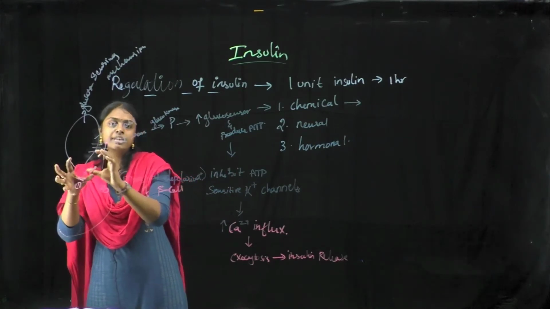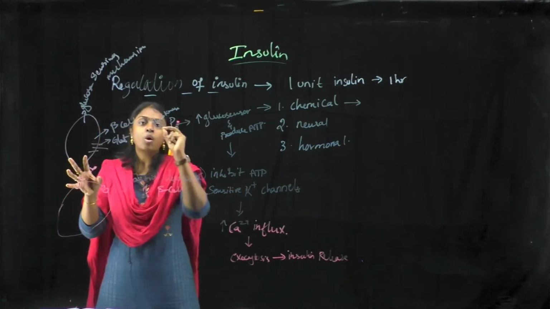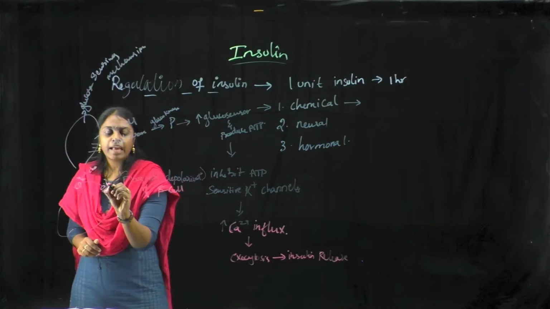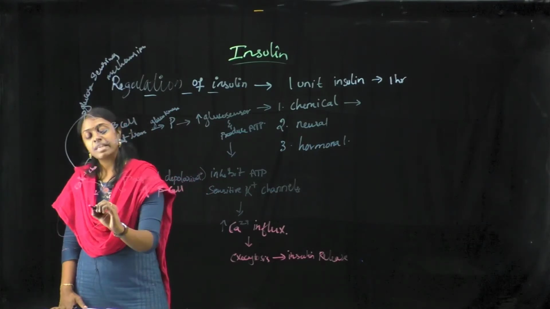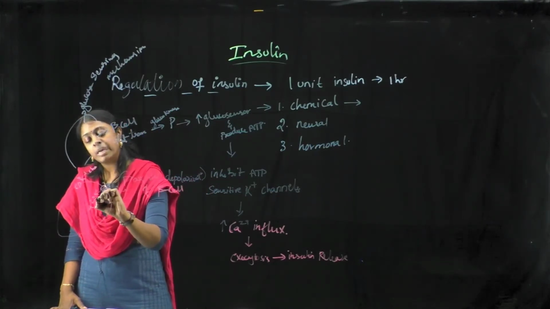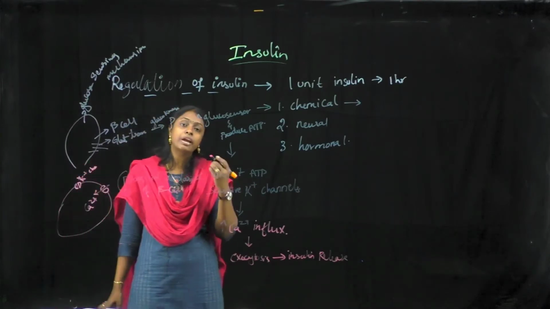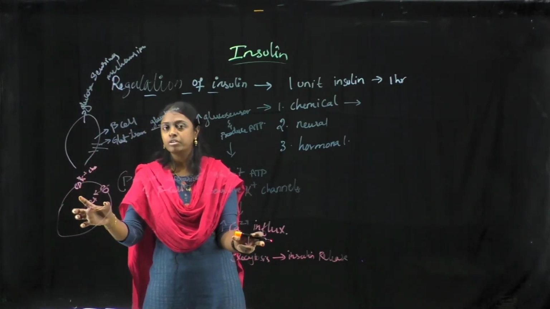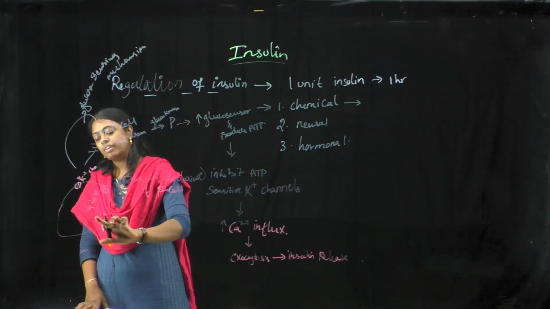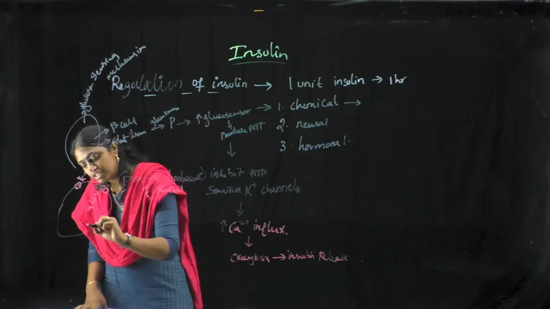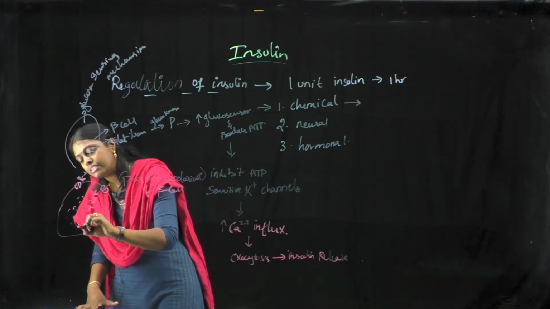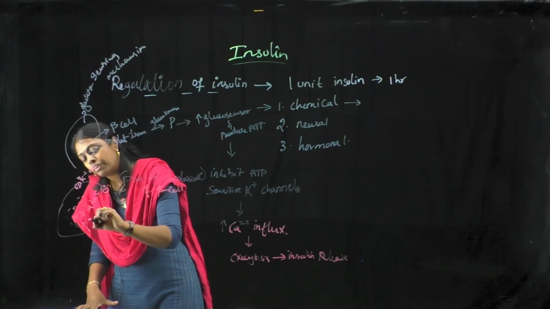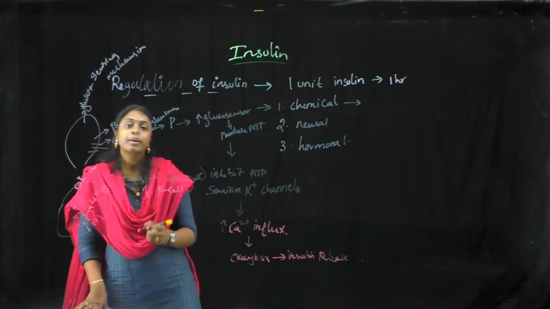It will also activate calcium channels, and there will be an influx of calcium into the cell. When calcium ions increase in the cell, the beta cell will exhibit exocytosis, and as it contains insulin, it will release insulin from the cell.